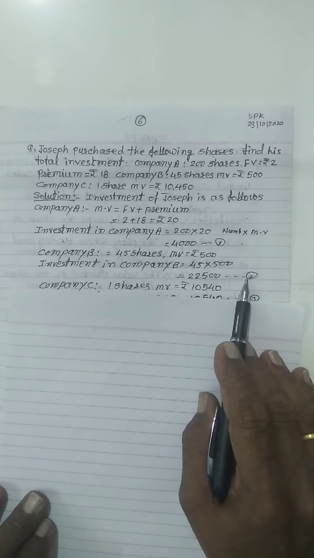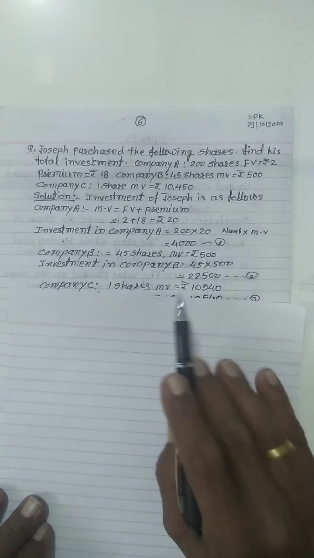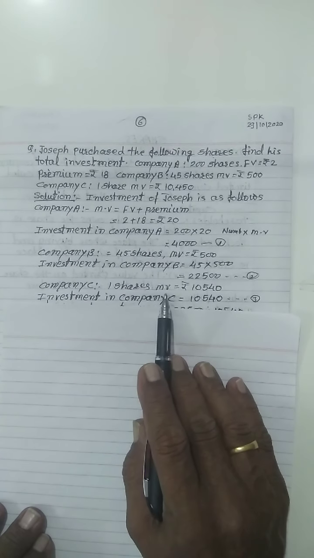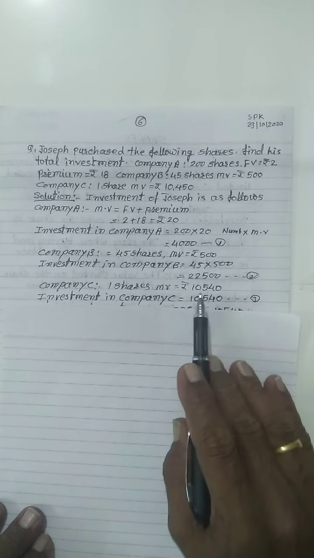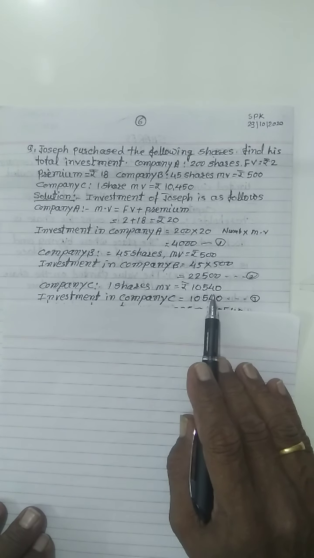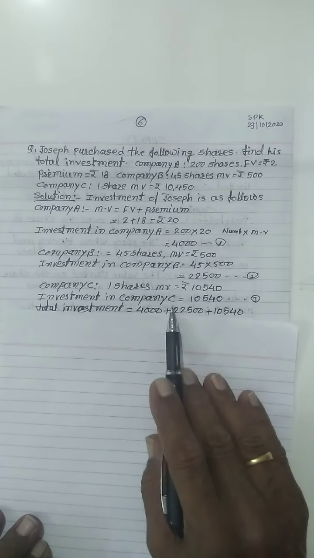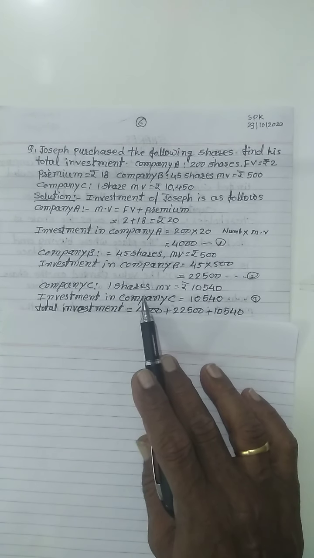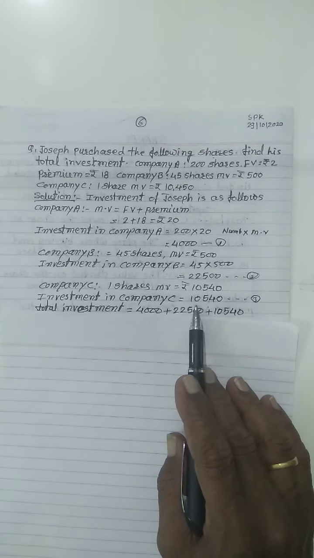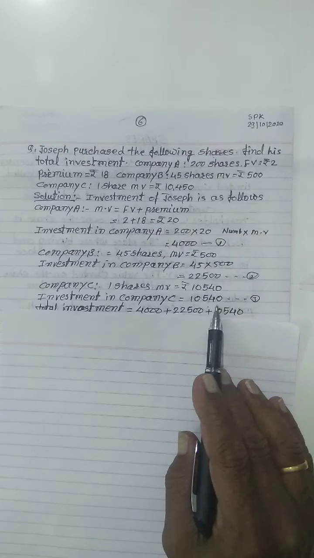This is number 2, company B, 22,500. Company C, 1 share, market value is also 10,540 rupees. So the investment in company C, they purchase only 1 share, so the investment is 10,540.